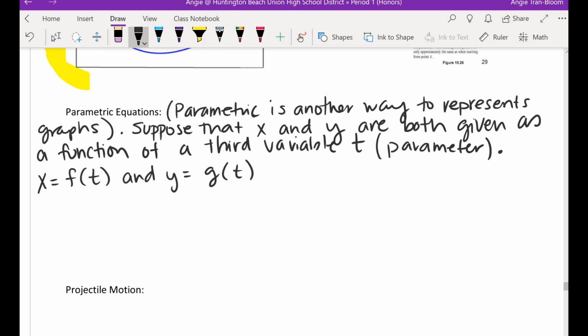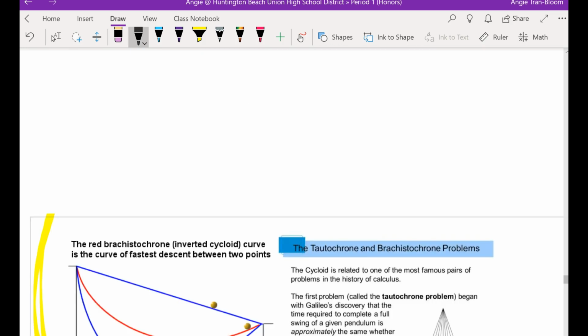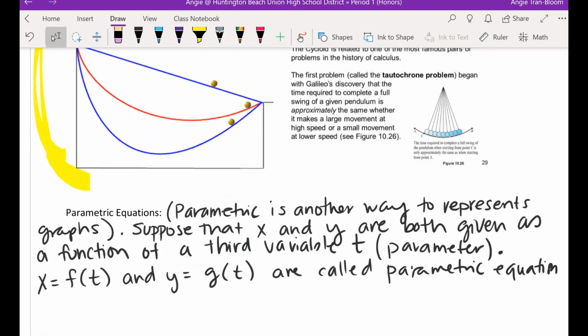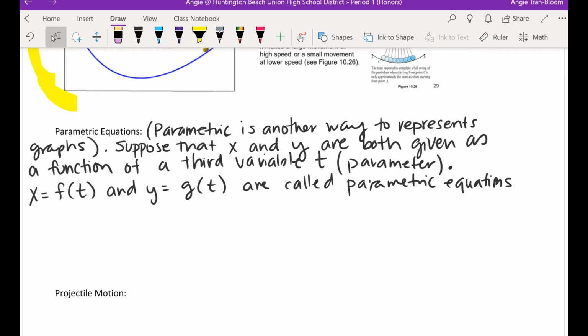T is the parameter. So x equals f of t and y equals g of t are called parametric equations. And I need both. So if I said write it as a parametric equation, then I need both x equals and y equals. Both of them together are called parametric equations.